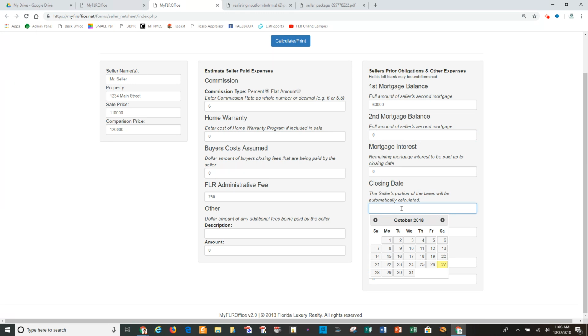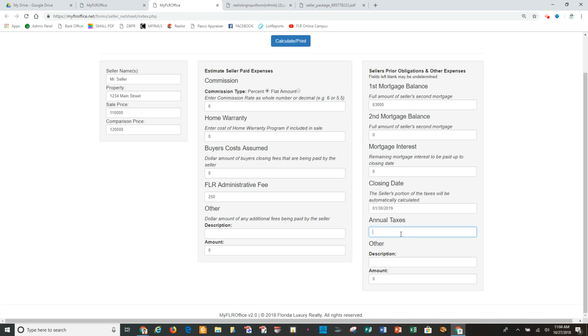Then closing date. If I was listing property in today's market, I would probably push out a potential closing date about 3 months out. And this is just for sample purposes, because what it's going to do is take that closing date and then actually calculate the property taxes owed by the seller up until the date of closing.